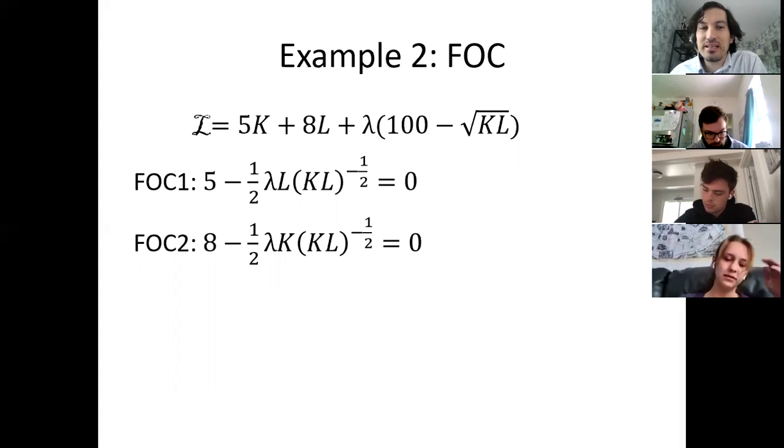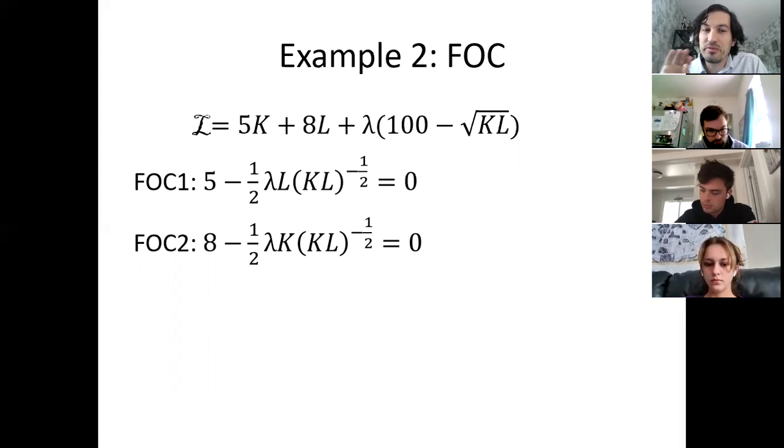What I did is I solved both of these first order conditions, and then I tried to simplify them and combine them. I remember I did that last class. I got a relationship between K and L, but we weren't done yet. We didn't solve the problem yet. So now let's go back and do this along with the slides.